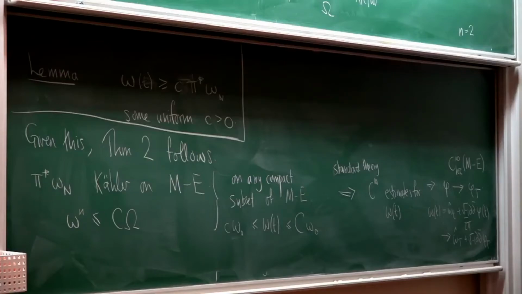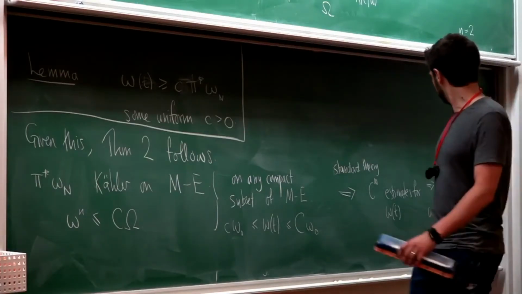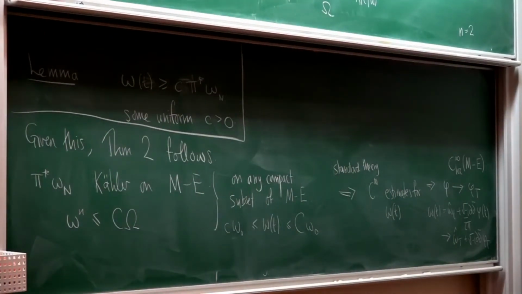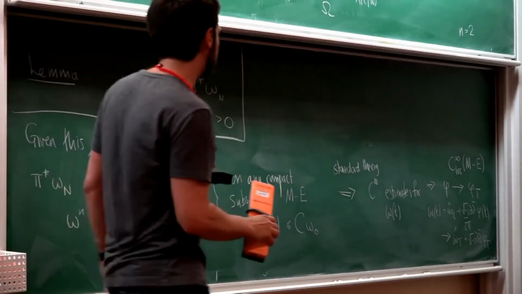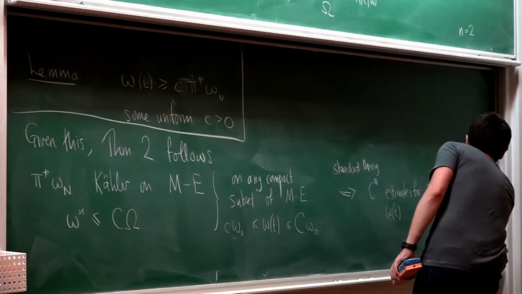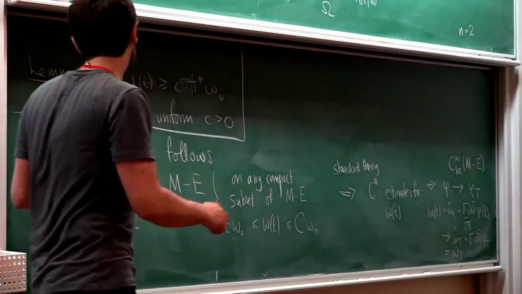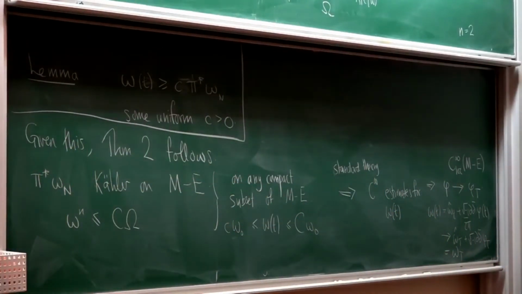So on any compact subset, you're going to get smooth convergence, which is exactly what I wanted to show. That I get smooth convergence, and this is what I'll call omega t. Okay, so it comes down to proving this lemma.